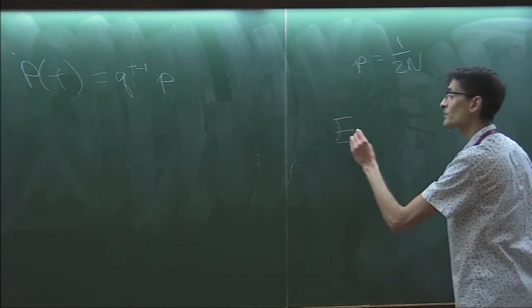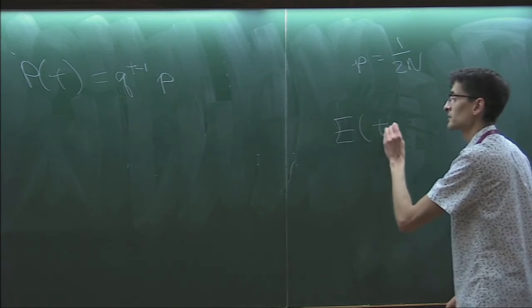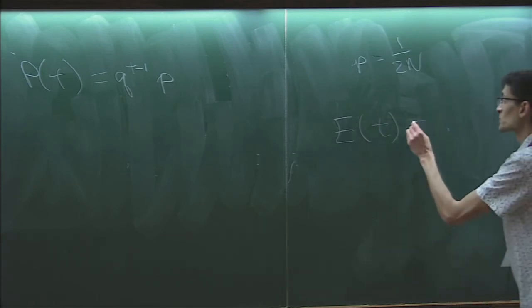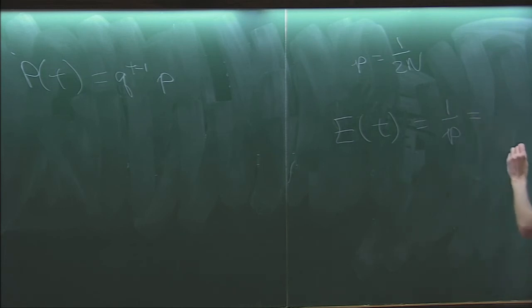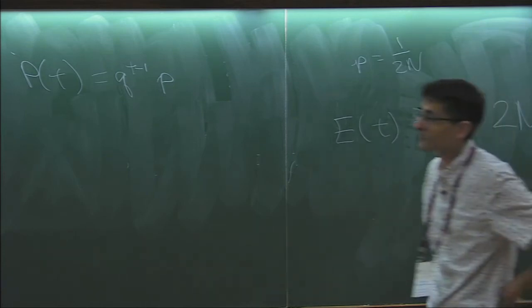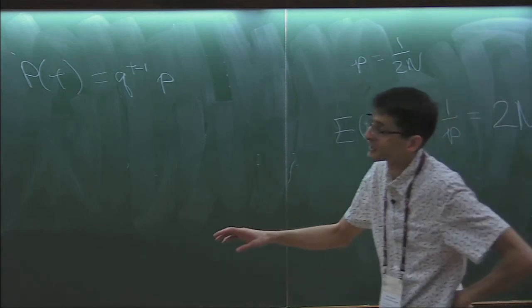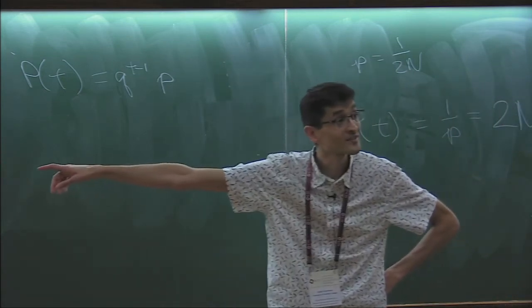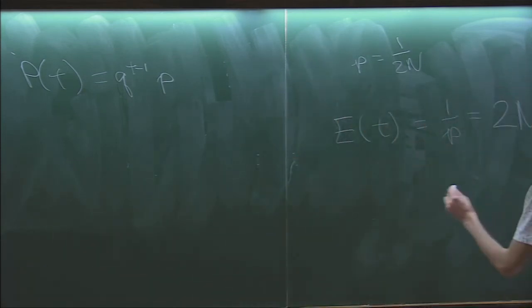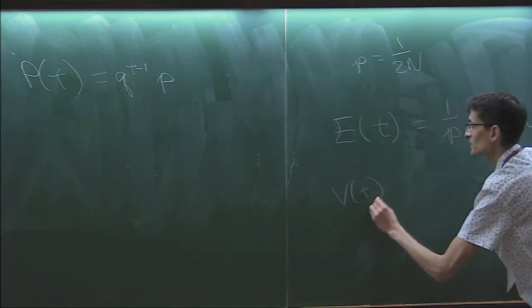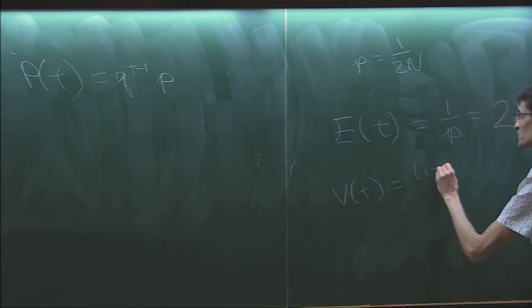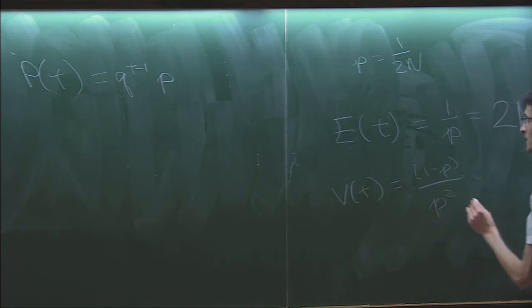And so then the average time to coalesce will just be 1 over p, which in this case is now 2n generations. I also wrote down the variance. Remember the variance of this geometric distribution is (1 minus p) over p squared.